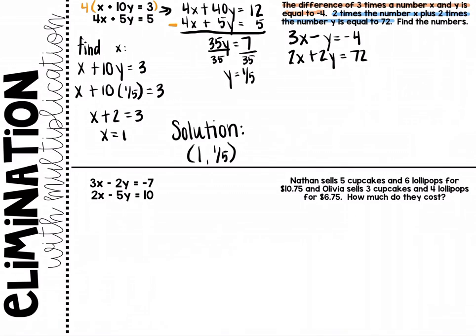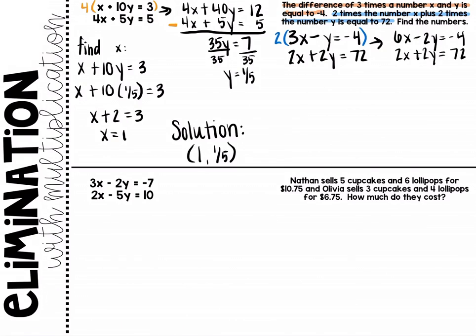So this is a system of equations. So what we're going to do is figure out how can we get the y's to match. Okay, to do that, I have to multiply the first equation by 2. So when I do that, my new system is 6x minus 2y equals -4, and 2x plus 2y equals 72.